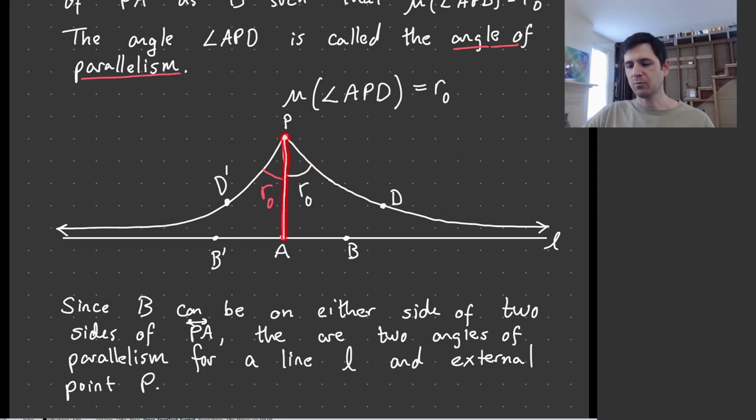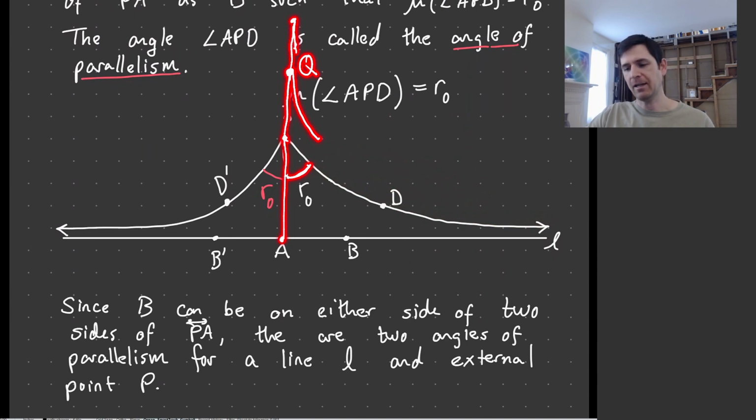So the next question is, how does it depend on this distance? If I make this distance longer, so if I put some Q out here, is the critical number at this point going to be bigger or smaller than R naught, than this critical number? And it turns out it's going to be smaller.